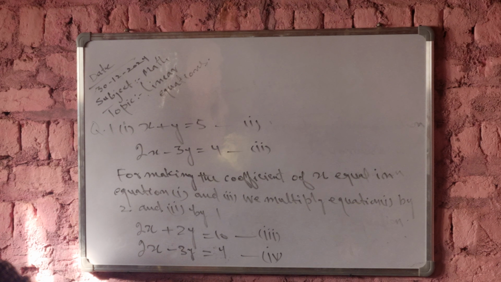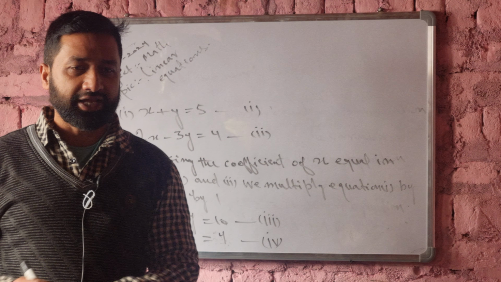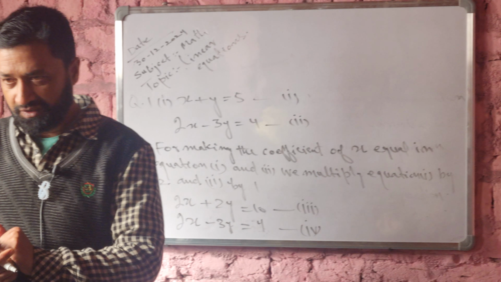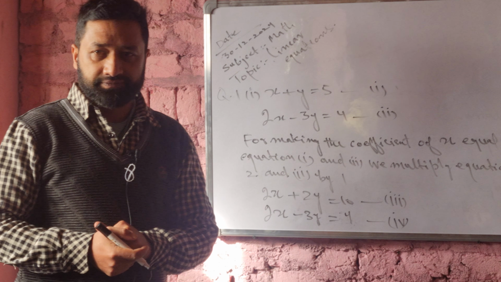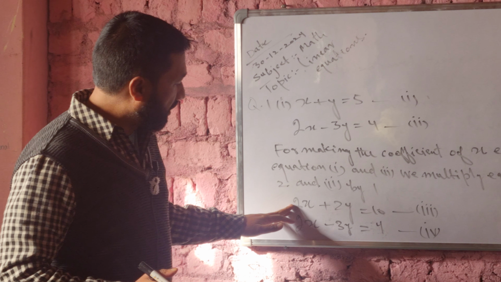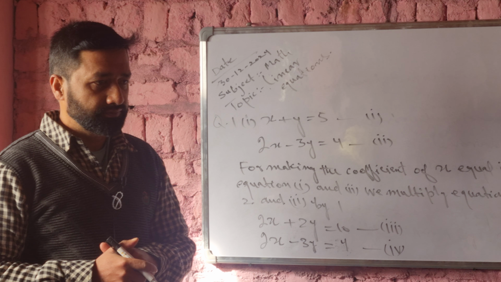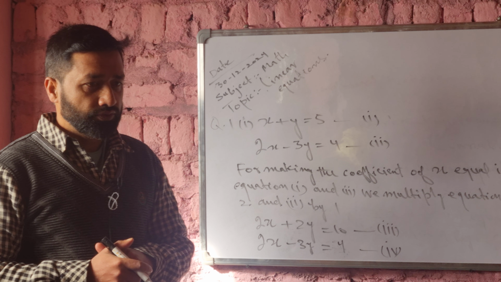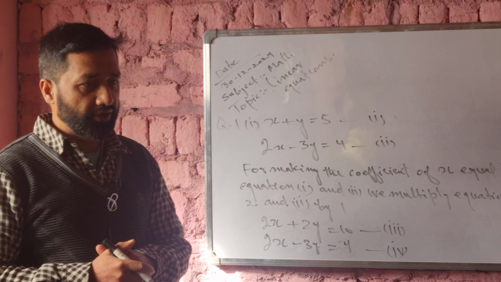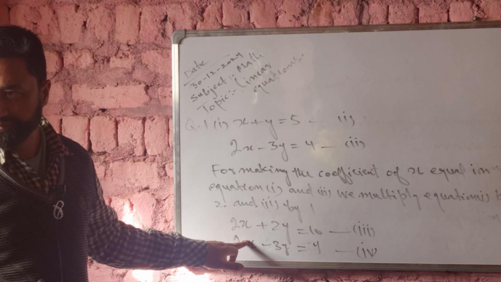Yes. Now I want to ask you a very simple question, and I hope you will answer it well. Why do we make the coefficient of one variable equal? When you equalize the coefficient of one variable, it gets eliminated.